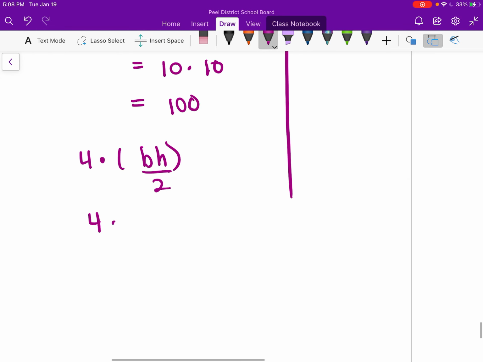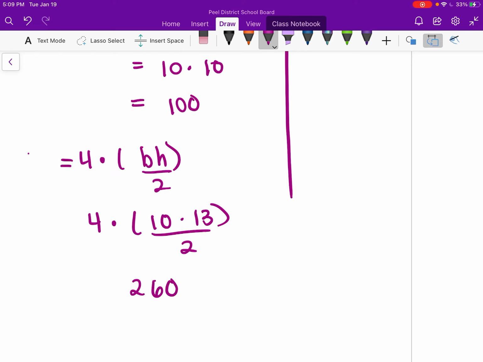So 4 times 10 times 13 divided by 2. So let's just do that. 10 times 13 is 130, divided by 2 is 65, times 4 is 260, right? So that's the area of triangles.